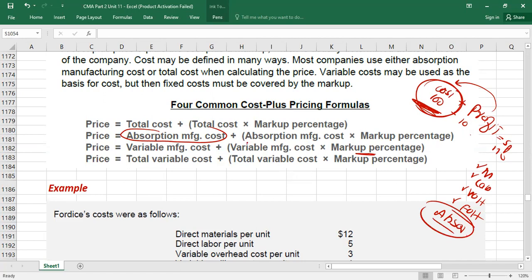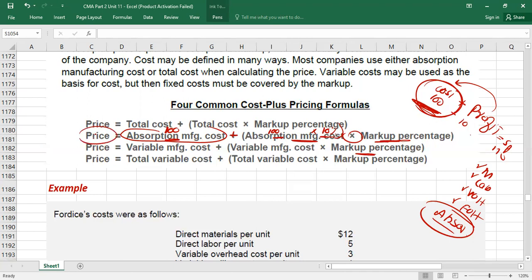Then you add profit: you take the markup percentage and multiply it with this absorption manufacturing cost. Let's assume your absorption manufacturing cost is $100 and you want 10% profit. Multiplying 10% with 100 gives you a profit of $10. You add the $10 to the absorption manufacturing cost, and this will give you the price.